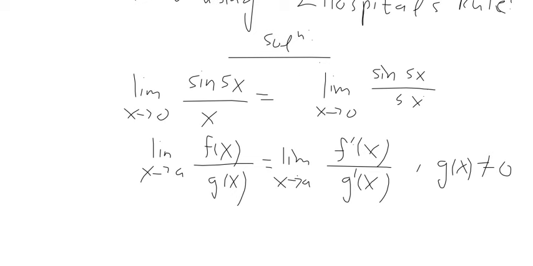So 5 times the limit as x approaches 0 of sine 5x over 5x.